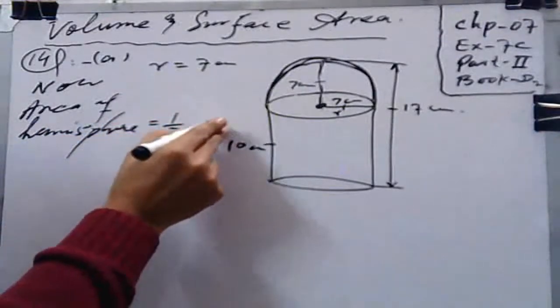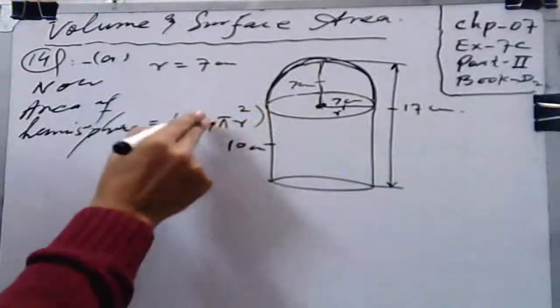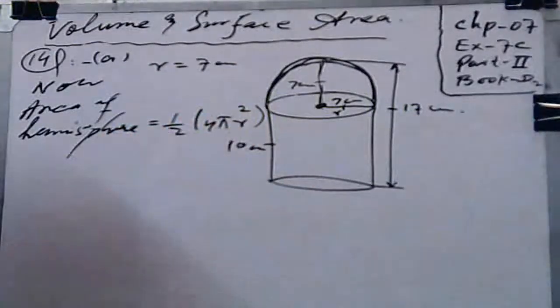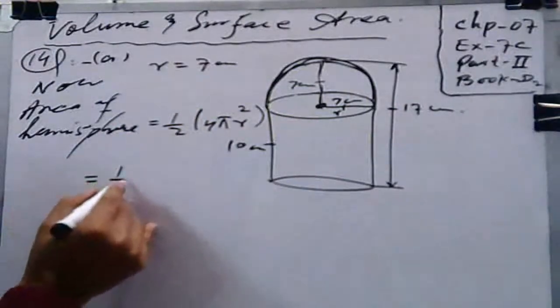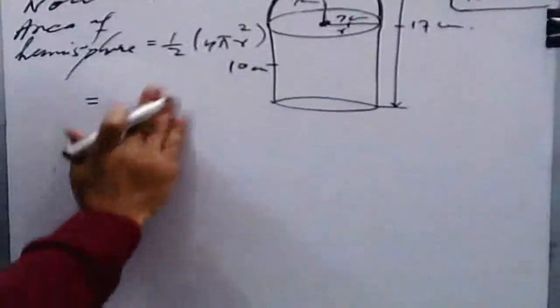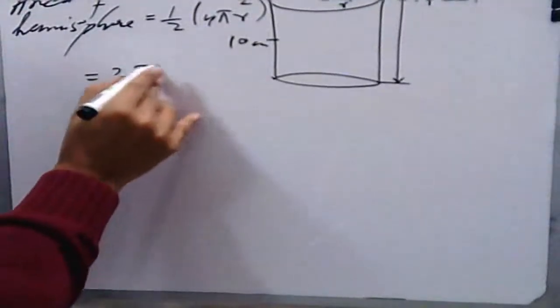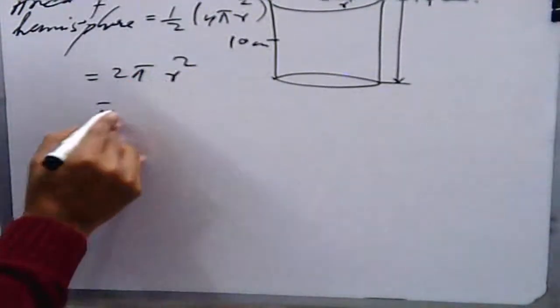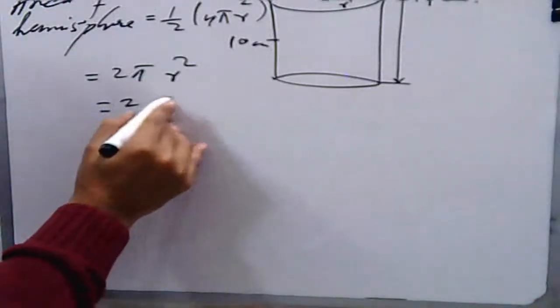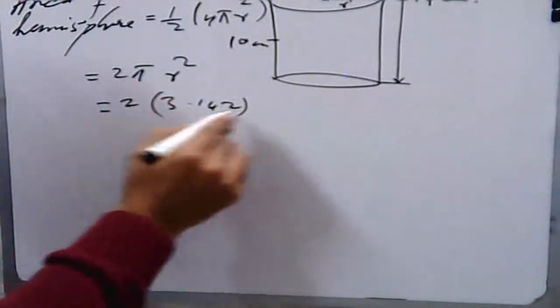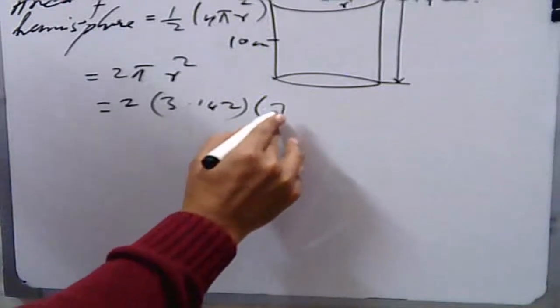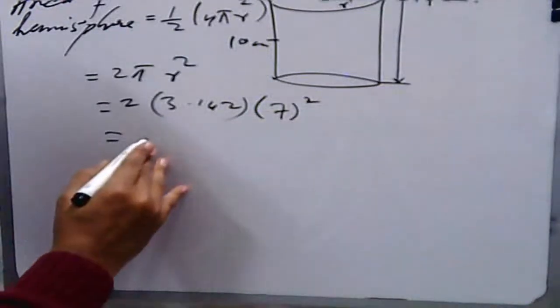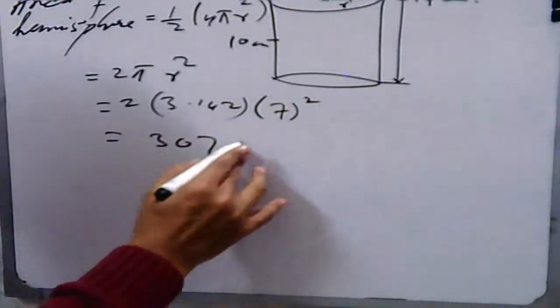Putting the values, 2 twos are 4, after simplification you will get 2 pi r square. So the value of pi is 3.142 and the value of r is 7. After simplification you will get 307.916 centimeter square. So that is your area of hemisphere.